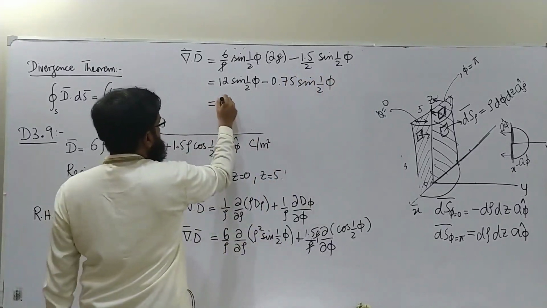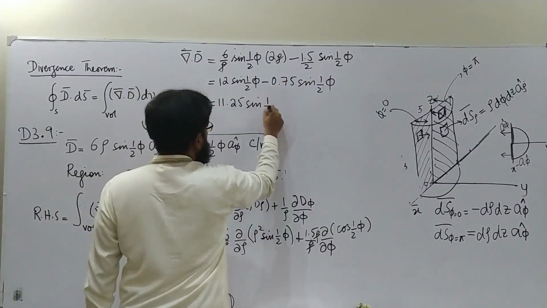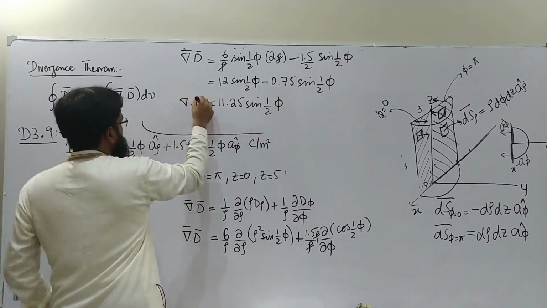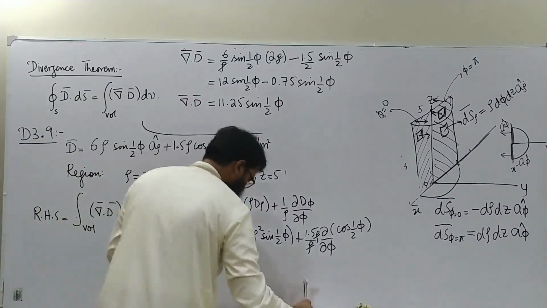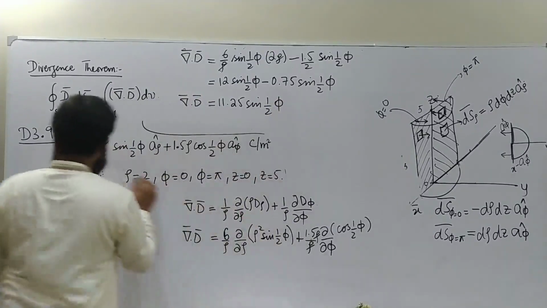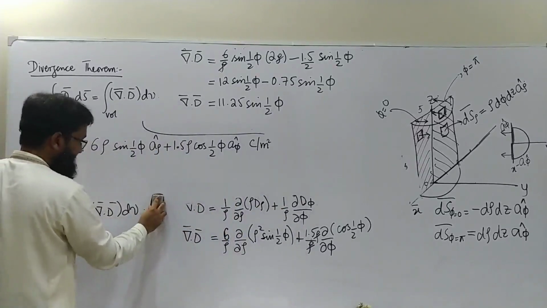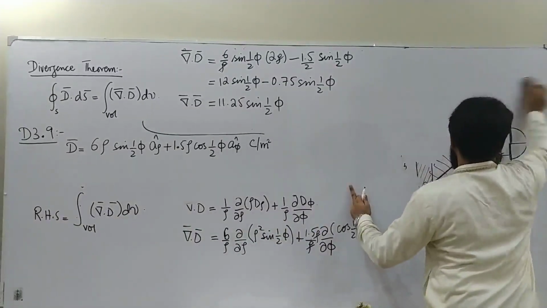How much is it? 11.25 sine of half phi. This is the divergence of D, and I sincerely hope I'm not missing anything. I think we don't need this diagram anymore.